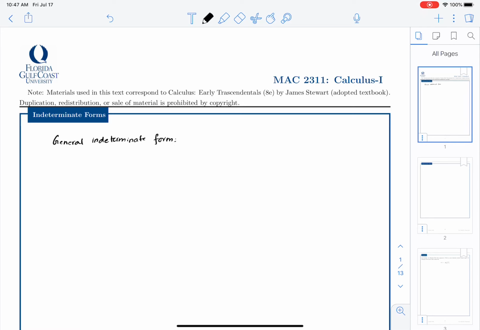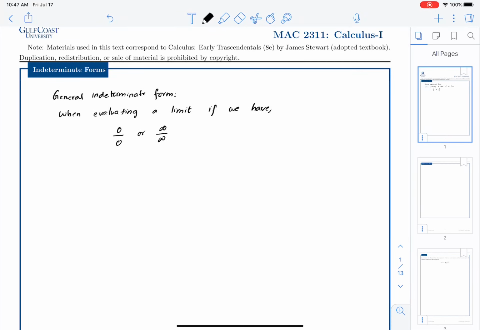So when evaluating a limit, if we have 0 over 0 or infinity over infinity, then we have an indeterminate form.